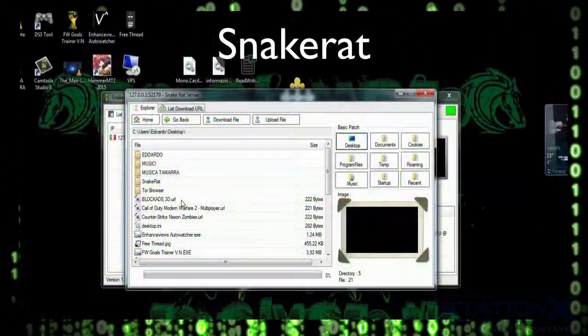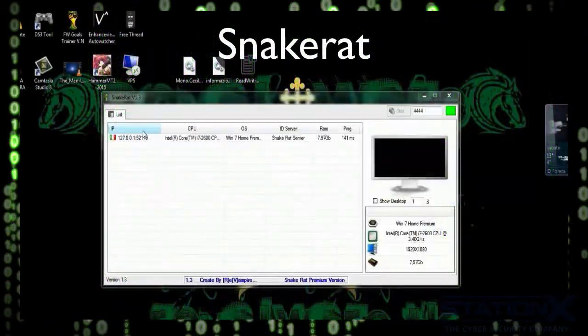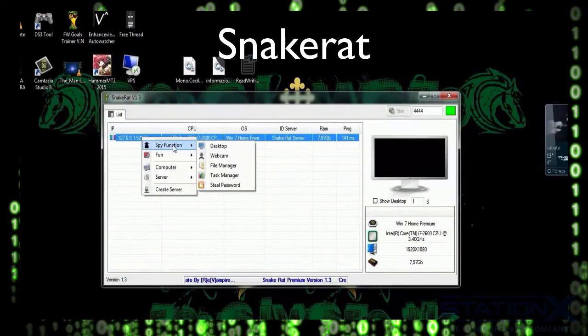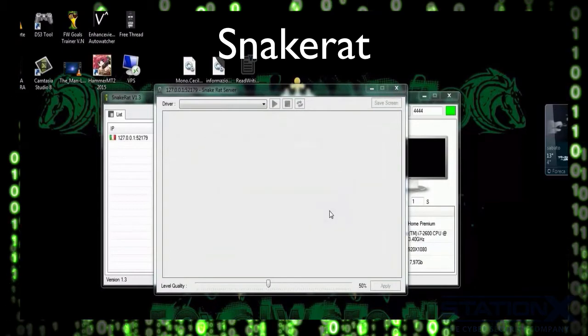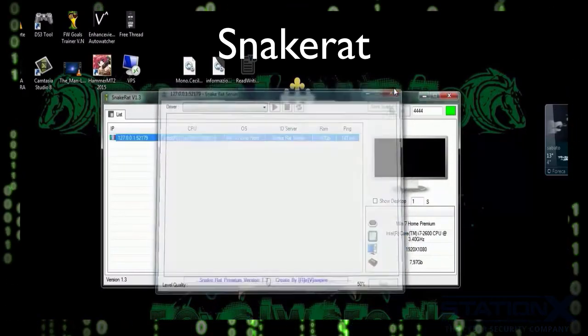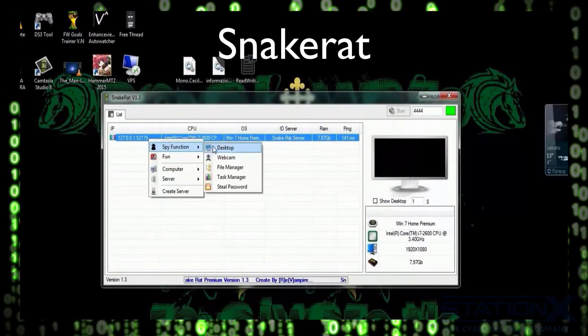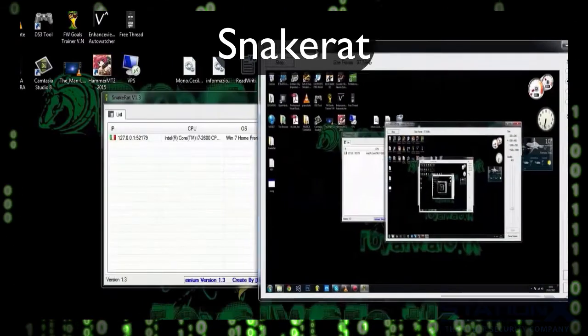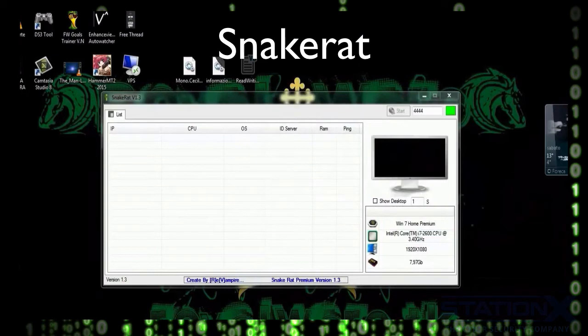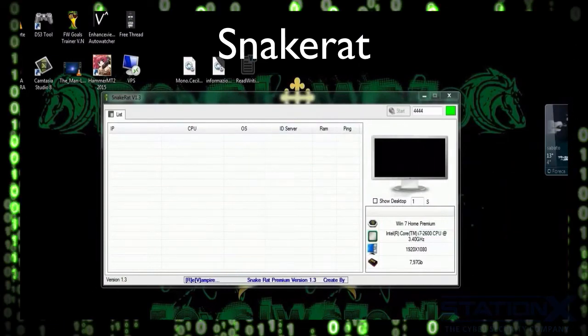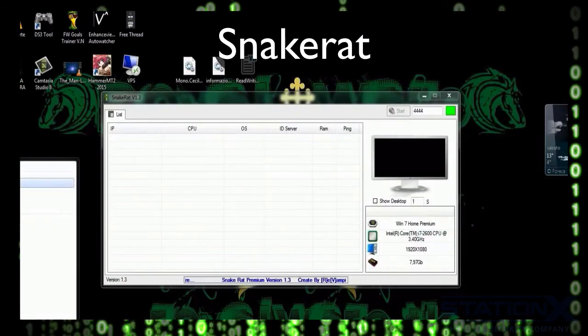This you can see here is the admin interface for a RAT called Snake Rat, which is popular at the moment. It is looking for files on the victim machine, looking at the desktop, can access the webcam, can steal or harvest passwords, bank account details, personal information, etc.